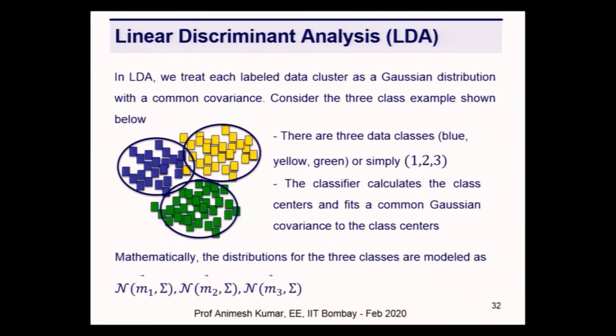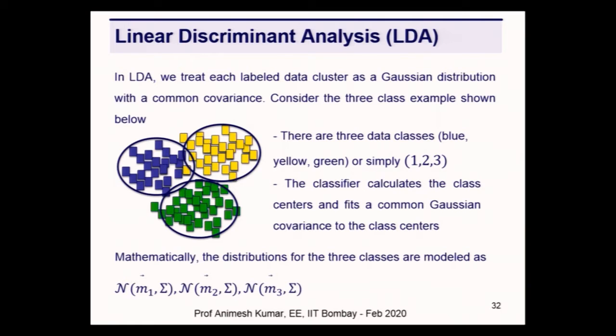Mathematically, the distributions for the 3 classes are modeled as Gaussian with mean vector m1 and covariance sigma, Gaussian with mean vector m2 and covariance sigma, and Gaussian with mean vector m3 and covariance sigma. The sigma is common to all of them, so we are assuming their variances look the same. This circle that you see captures what the covariance looks like, and we assume it to be the same.